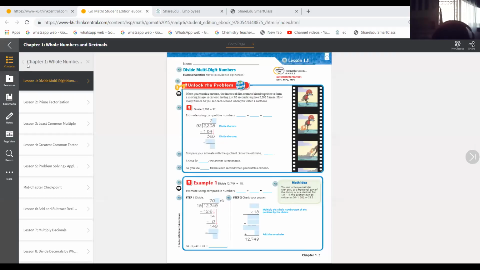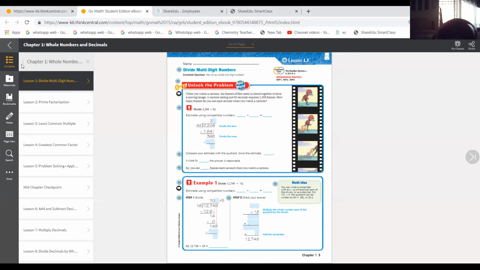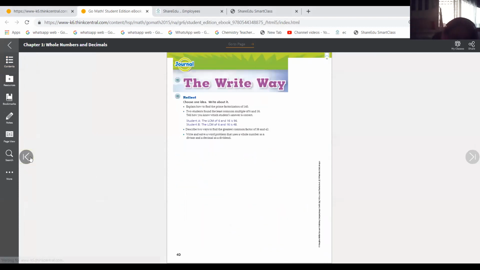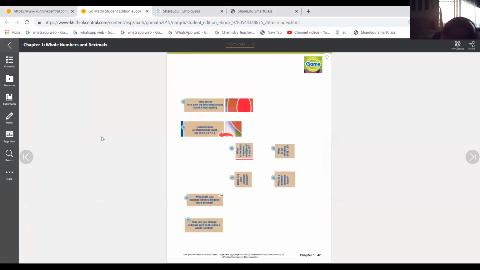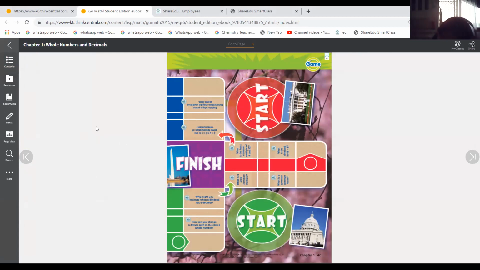Okay, before we start the first lesson, that is whole numbers, I want you all to see what we did in the last class. If you remember, we finished with page 3 and 4, we had vocabulary builders and rational numbers. Do you remember?